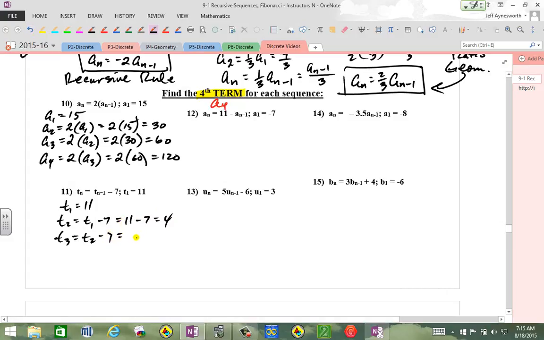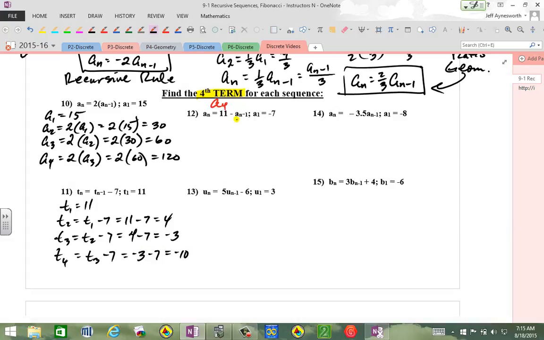T2 is 4, we just calculated it. 4 minus 7 is negative 3. T sub 4 would be T sub 3 minus 7, which is negative 3 minus 7, and that'd be negative 10. And that's how the game is played.